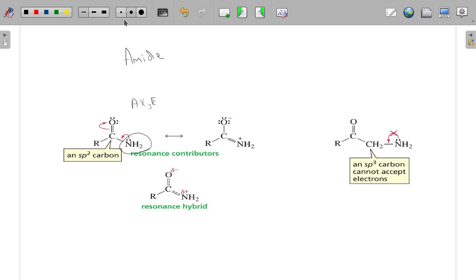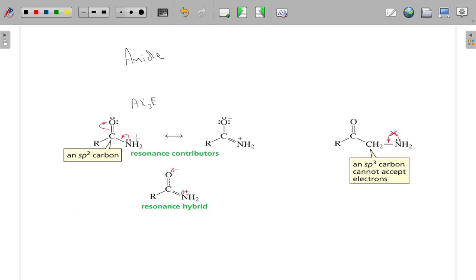And if we were to say that, we would say that it has nice little 109 degree bond angles. However, this one does not. It actually behaves more like a double bond sometimes, and this actually behaves like it's got trigonal planar structure.